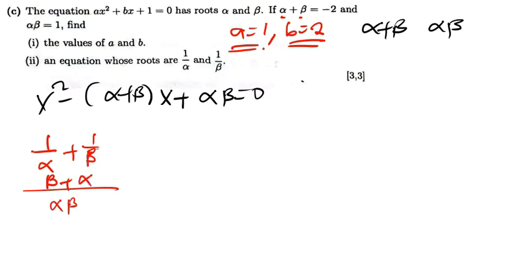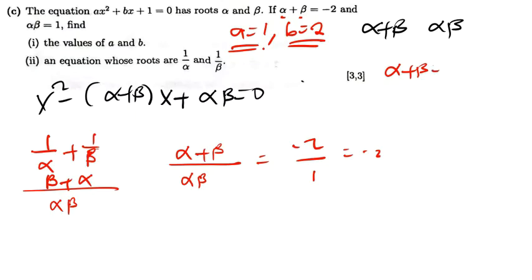I can rearrange this because plus is commutative. So now it is alpha plus beta divided by alpha times beta. And we have been given that alpha plus beta is negative 2 and alpha times beta is 1, so it's negative 2. So my sum is basically negative 2.